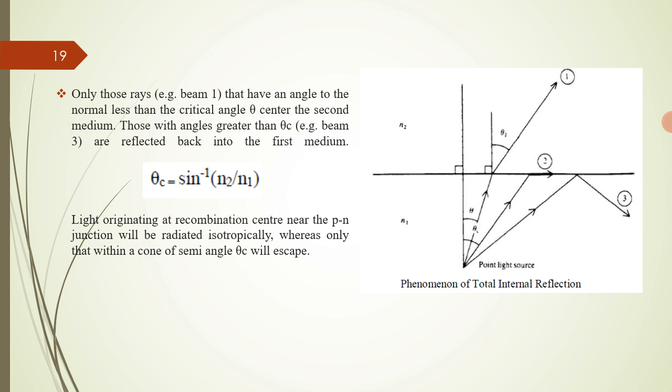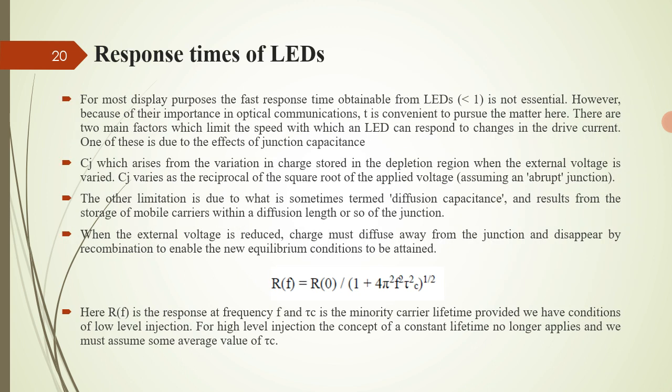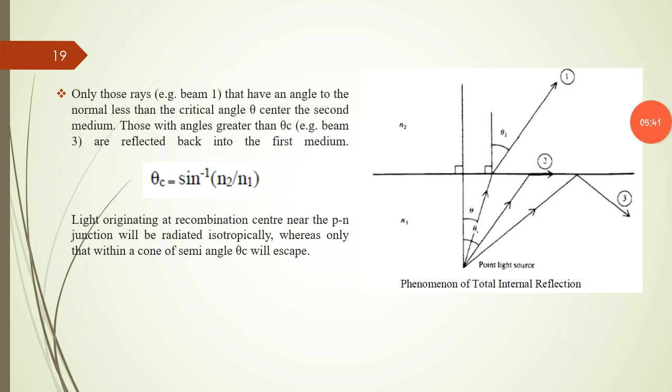Here the total internal reflection occurs due to the concept of reflection inside the medium. So we can obtain the critical angle based on the two refractive index mediums n1 and n2.